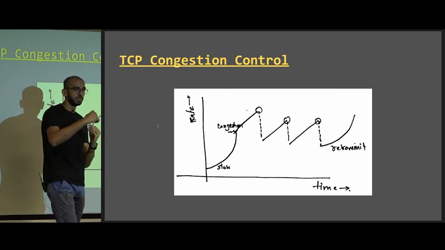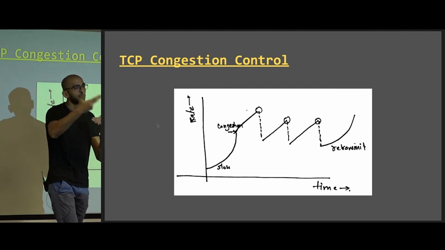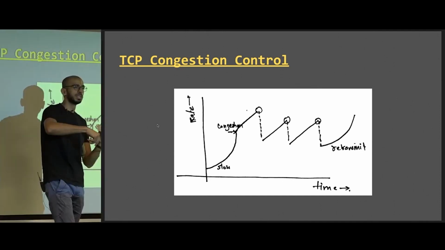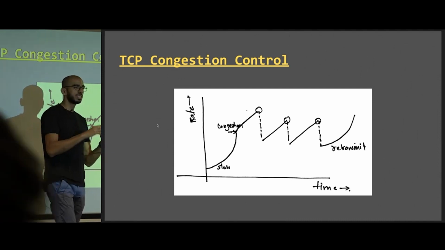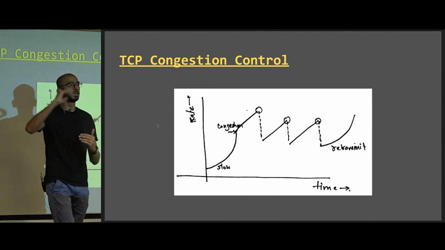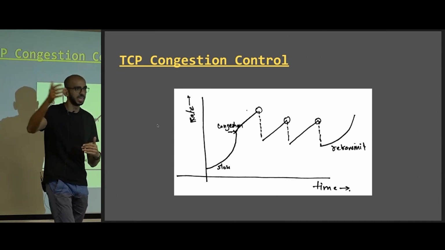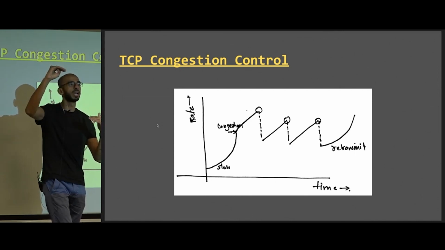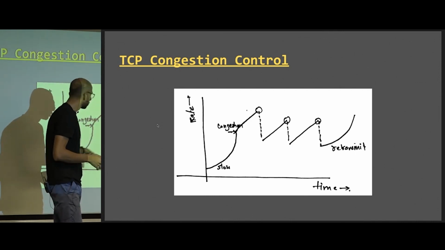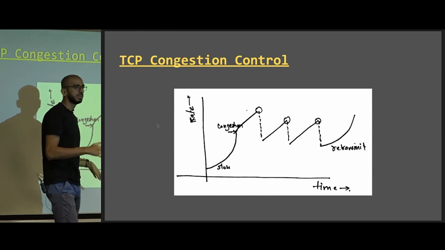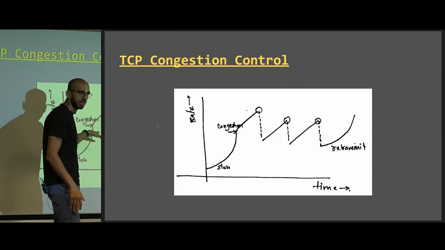You get an acknowledgement. Then it tries to send 2 packets. Then it gets 2 acknowledgements. Then it tries to send 3 packets. It gets 3 acknowledgements. And this 1, 2 becomes 1, 2, 4, 8, 16. There's an exponential growth of trusting the other side. This is called slow start. So every TCP connection first starts with a slow start.